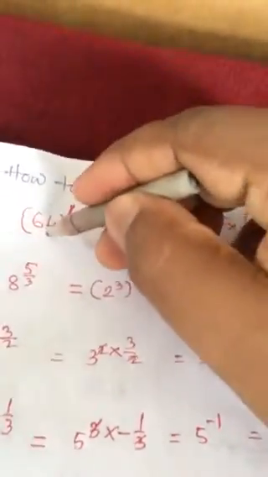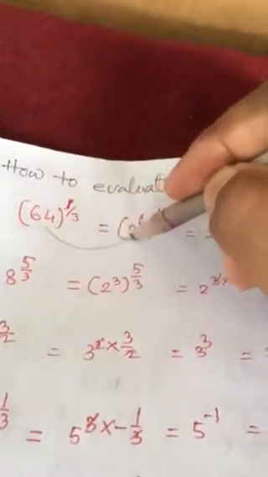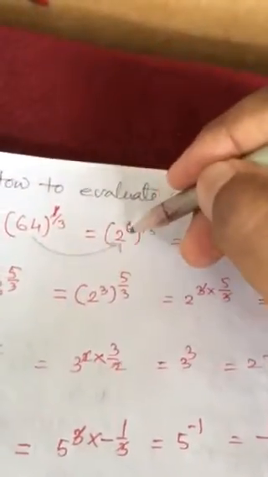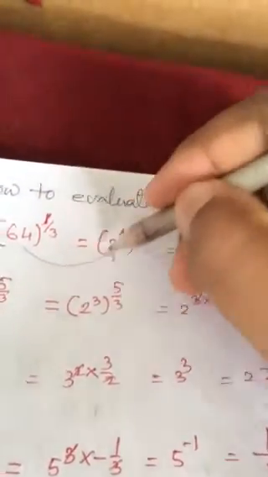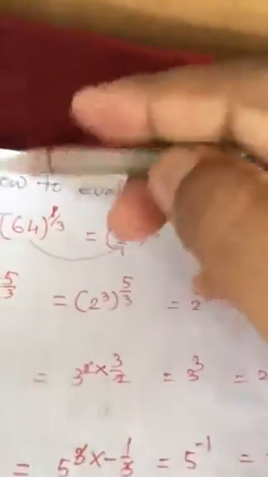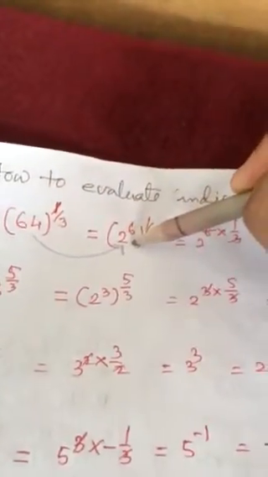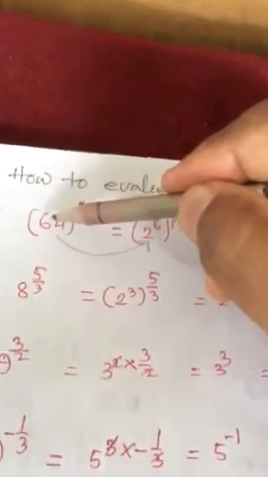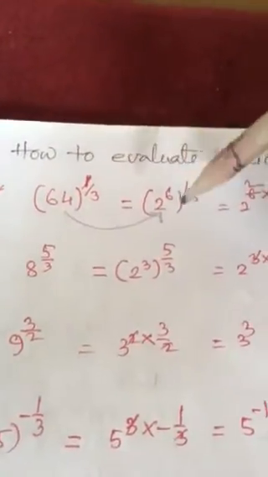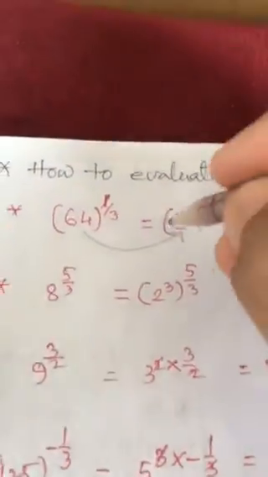So you have to convert this number to its index form, its exponential form. You have to convert any number to its exponential form. Like 64 can be converted to its exponential form in different ways. I just want to show you here.